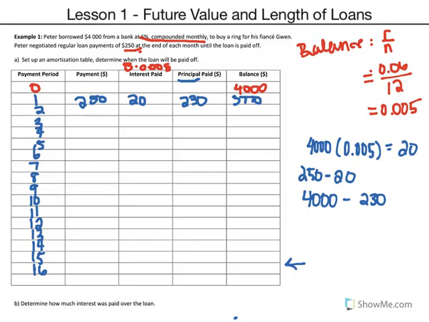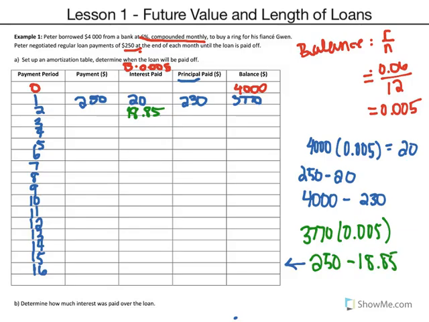So for the next one, we take 3,770 and multiply it by 0.005 to figure out our interest, which is $18.85. $250 minus $18.85 is $231.15.